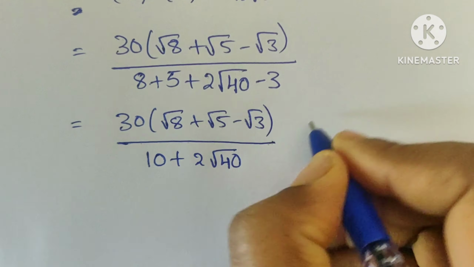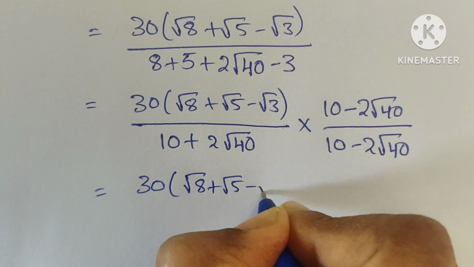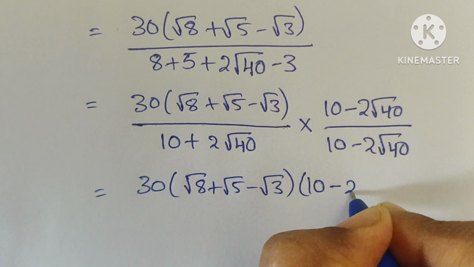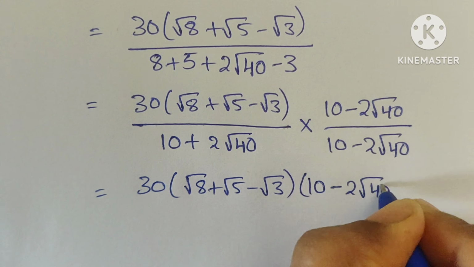So 30 times square root of 8 plus square root of 5 minus square root of 3 times 10 minus 2 square root of 40, so divided by, so again this is in a form of a plus b times a minus b. So we know this formula, a square minus b square. So again use this formula.